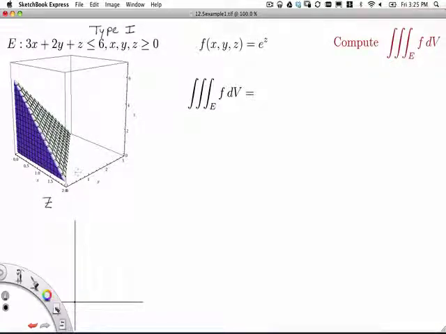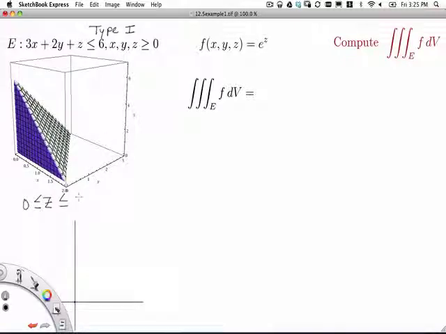Well, the lower bound surface for z is z equals 0, because we have that E is bounded below by the coordinate plane z equals 0, the xy plane, so that's going to be the lower bound. And the upper bound for z is this more interesting plane, 3x plus 2y plus z equals 6.